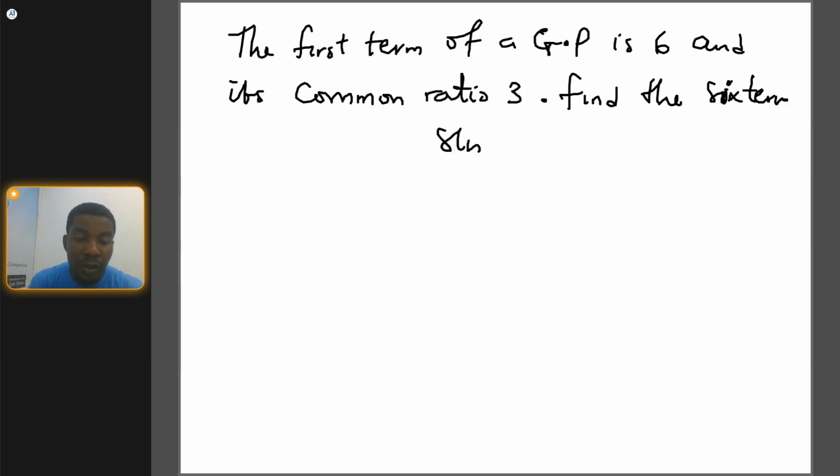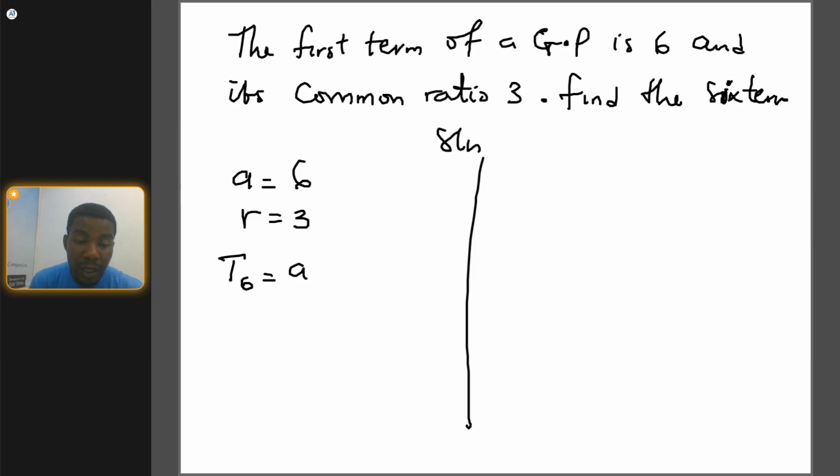So, solution: we have A, the first term, is 6. R, the common ratio, is 3. To find the sixth term, T6 equals A R to the power n minus 1. Take note that n equals 6, because we have to find the sixth term.